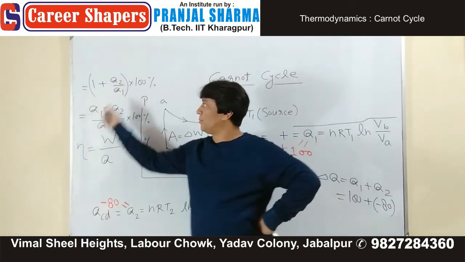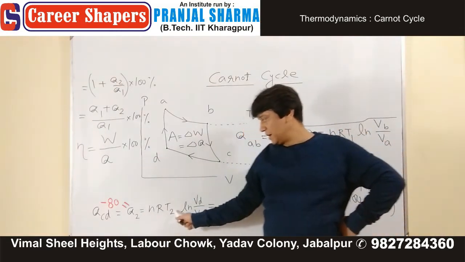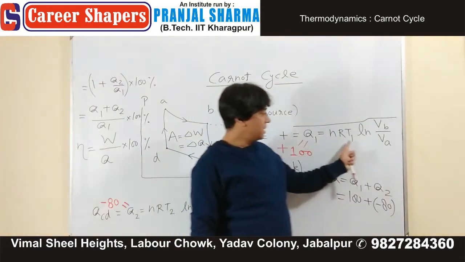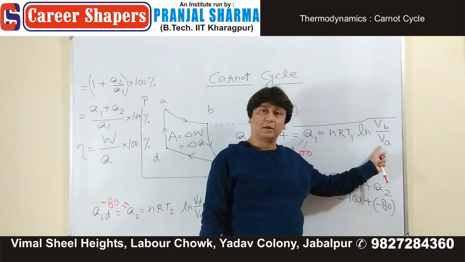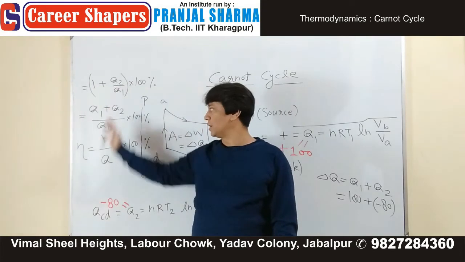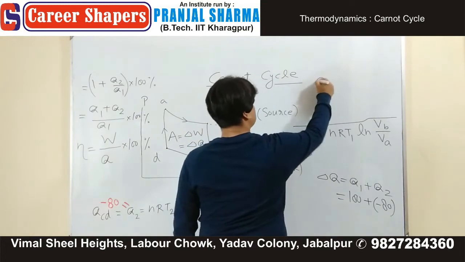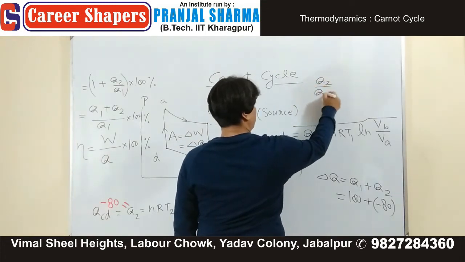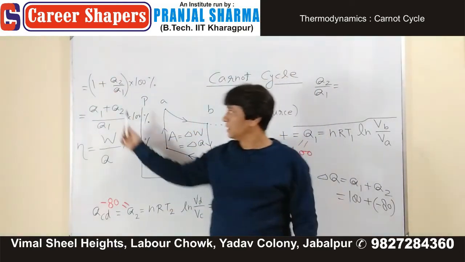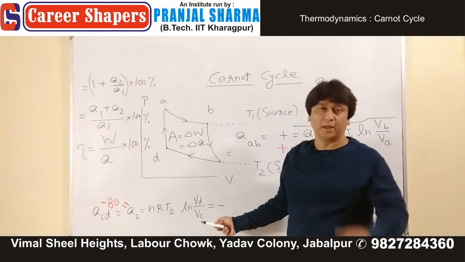What is Q2 upon Q1? Q2 is nRT2 log Vd upon Vc. Q1 is nRT1 log Vb upon Va. So let's find out this ratio of Q2 upon Q1 and then we are going to put it in this function of efficiency. So we are interested in the term Q2 upon Q1. Q2 is nRT2 log Vd upon Vc. Let's save time.